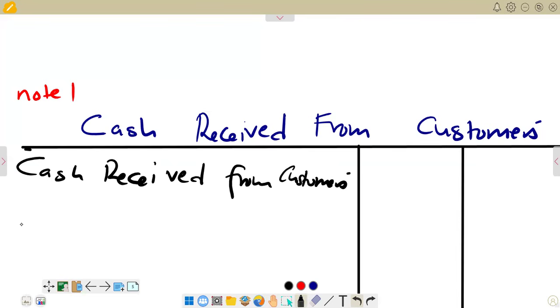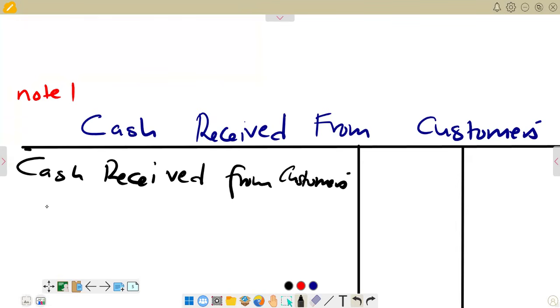And then beneath that, now that's where we're going to make the calculation whereby we are going to start with negative sales and try to see what we get there, depending on whether we want to start with a negative or we want to start with a positive figure there. So here we are going to start with the figure for sales.